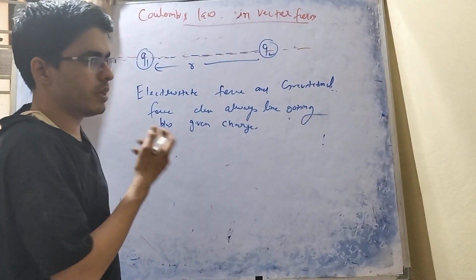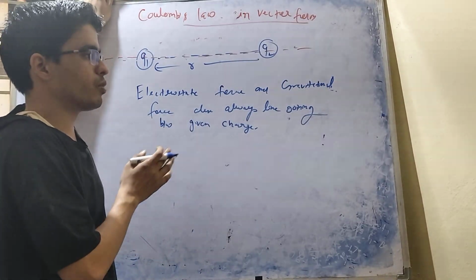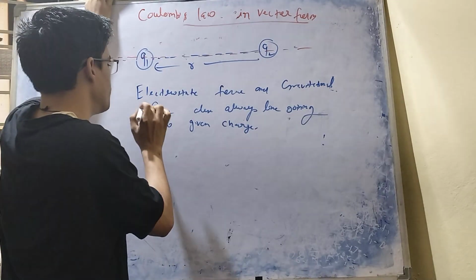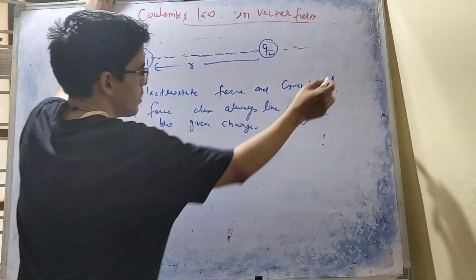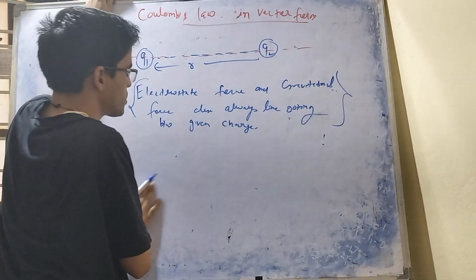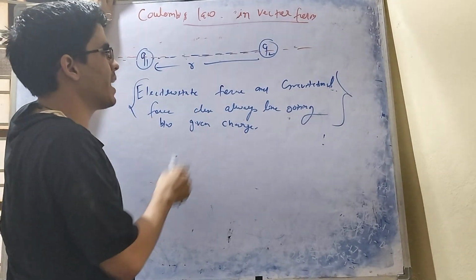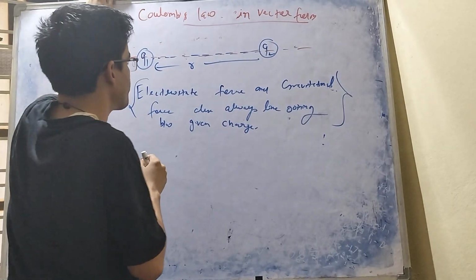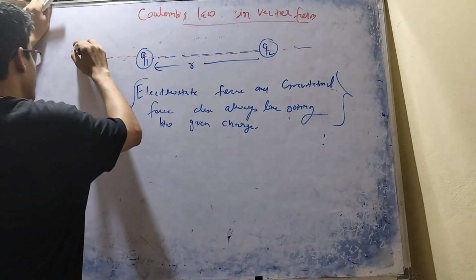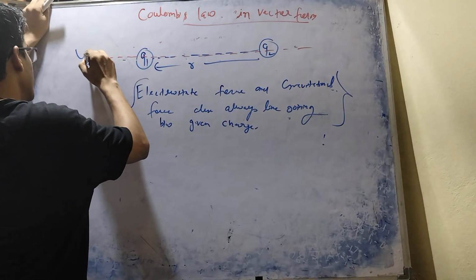There are only these forces, no more. But I want to tell about electrostatic and gravitational. First you have to join the line, and along that line your force will exist. So this is your line joining, correct?